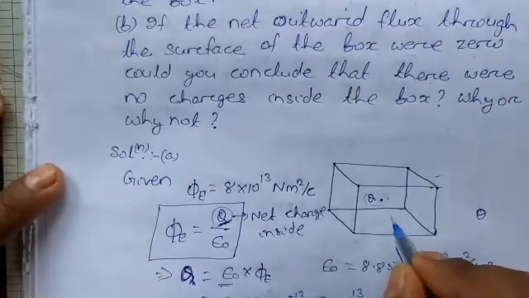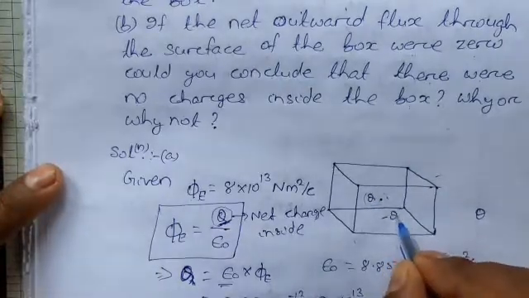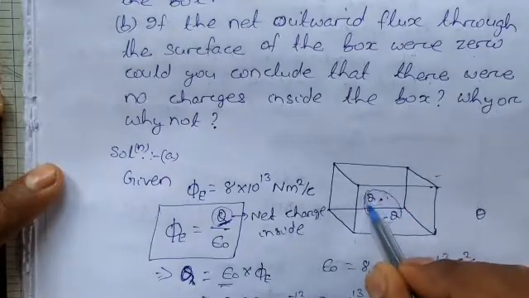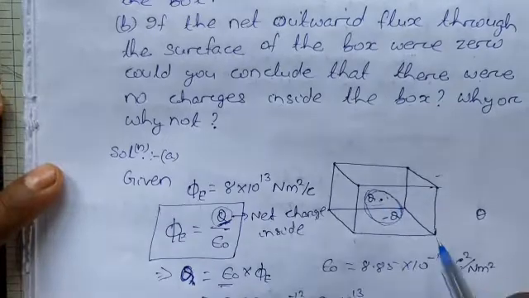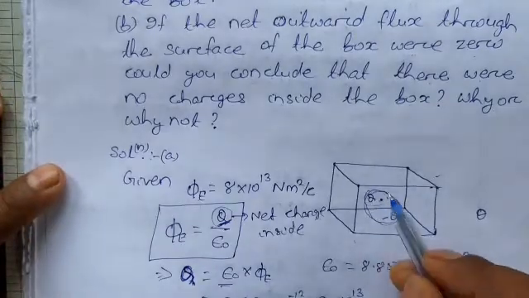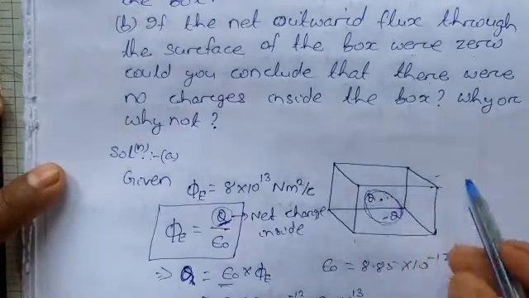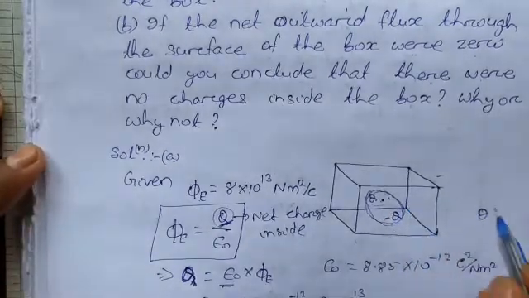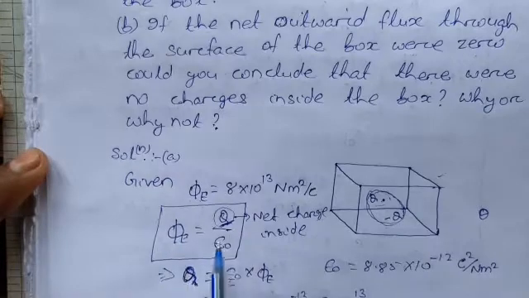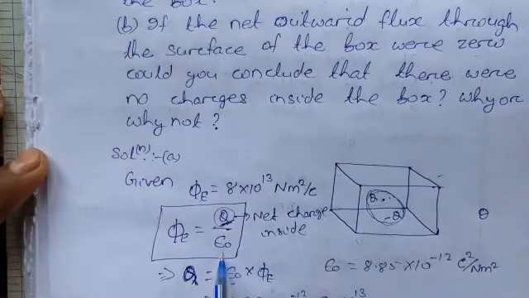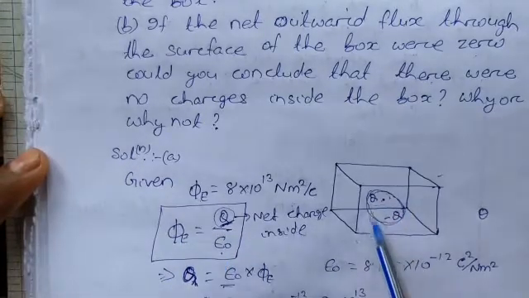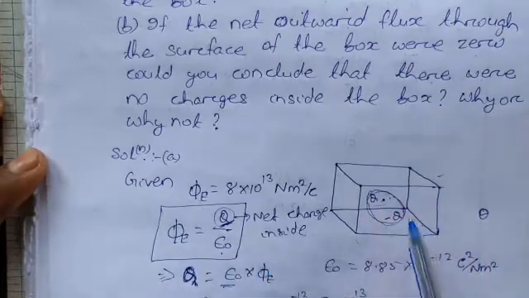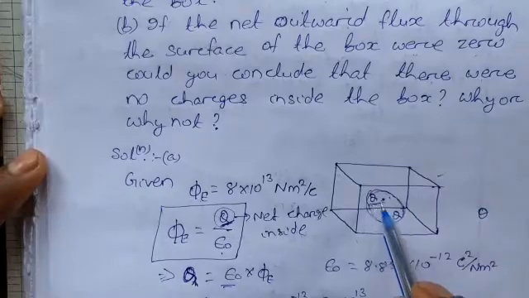If I will take another charge minus Q here, then in that case, what is the net charge inside? The net charge inside is 0. So net charge inside 0 means flux will be 0, because flux equal to the net inside charge divided by epsilon naught. But here net inside charge is 0. That's why flux 0. That does not mean there is no charge inside.